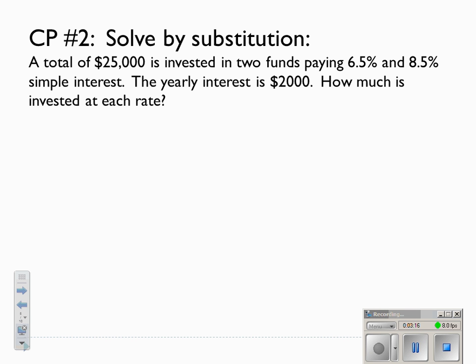So if we set up an equation dealing with the money being invested, and we can set up a second one that involves the interest information, we're going to create a system. So we have 2 different percents. So let's let x be investment number 1.